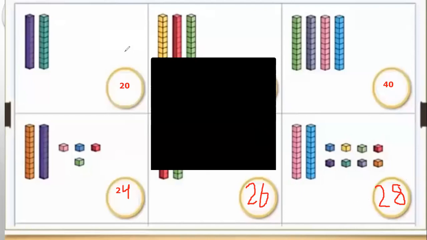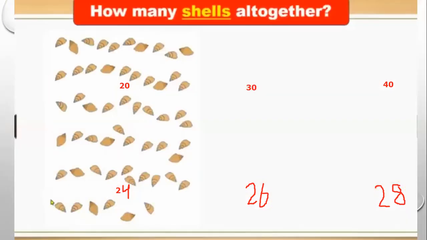The first question in our book. Here you can see, how many of these are? How many shells all together?